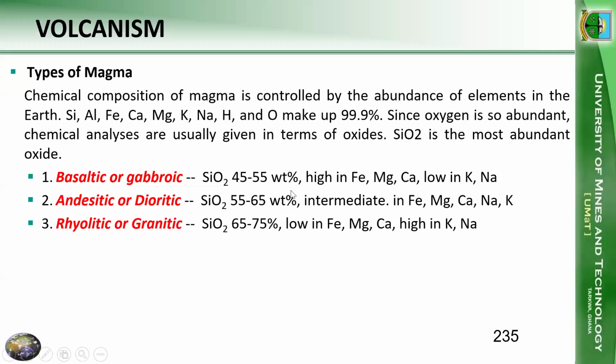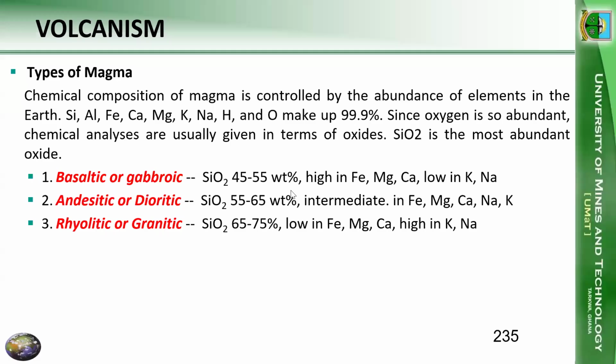There are different types of magma. When we talk about the chemical composition of magma, it's dependent on the various elements we have in the magma. So we can talk about silicon, aluminum, iron, calcium, magnesium, potassium, sodium, hydrogen, and oxygen. And all this make up about 99.9% of magma.